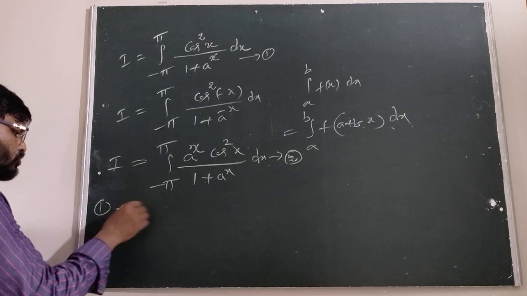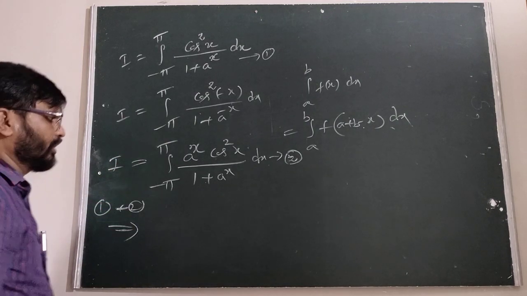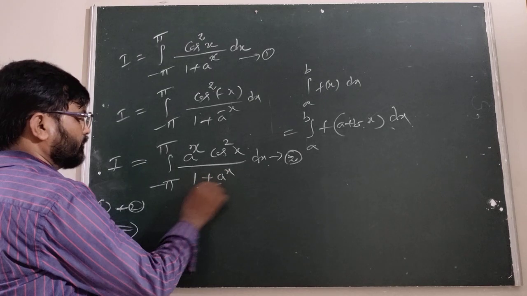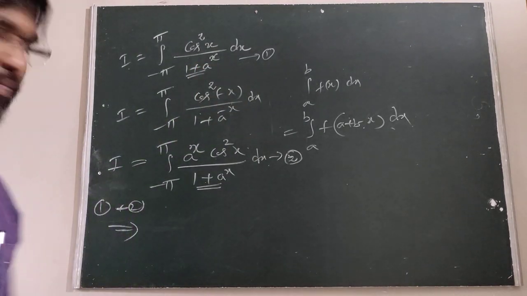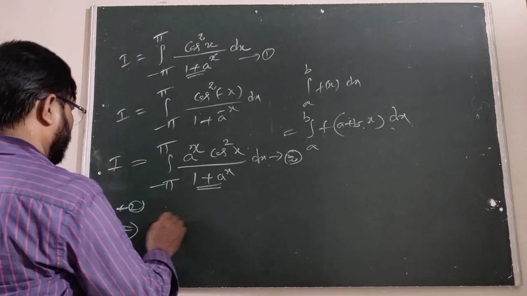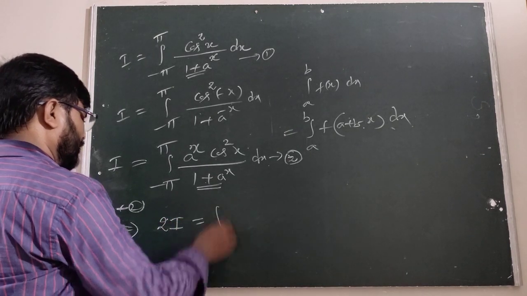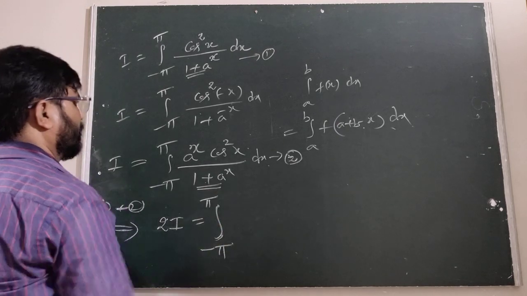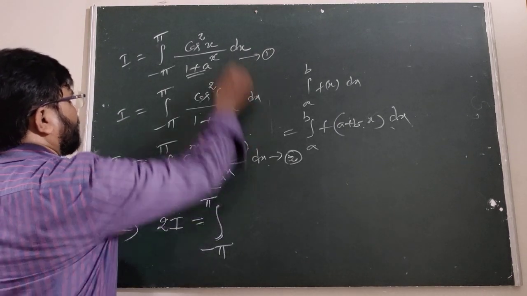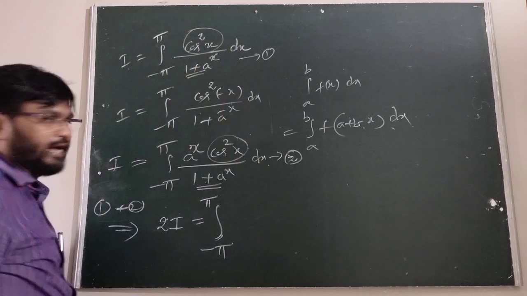Now 1 plus 2, that implies, why are we taking 1 plus 2? The denominators are equal, so we take the LCM, 1 plus a power x. That's why we can write 2I equal to the integral from minus pi to pi, the numerator cos square x.